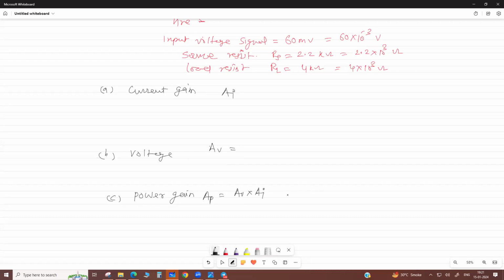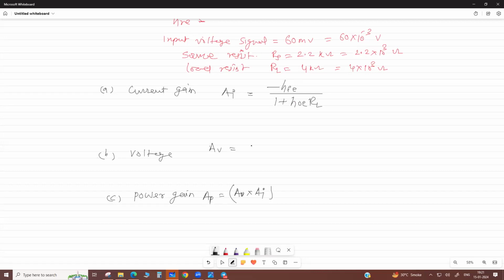The current gain equation is minus HFE divided by, forget about the derivation now, just remember this much. If you know these parameters, you put them here and get the current gain.